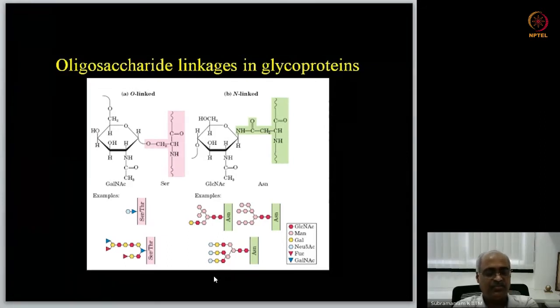If a cell surface protein has a certain carbohydrate chain attached, that could be a pin code or an identity for that particular cell. Therefore these oligosaccharides of glycoproteins confer important function in cell recognition. In terms of molecular recognition, they function as address tags. And that is how they are important in our blood group as well. But in blood group, it is not glycoprotein; it is glycolipid. I will come to that in a minute.